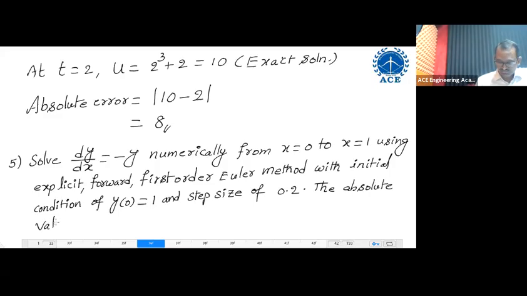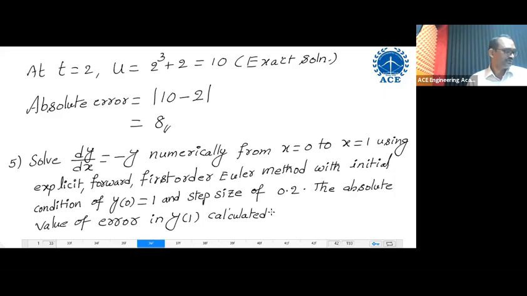The absolute value of error in y of 1 calculated using analytical and numerical solution is dash.